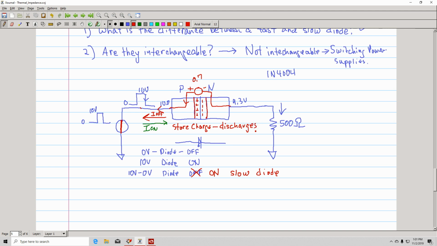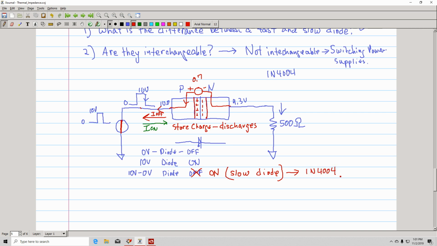That's the important fact, and that's something that we need to understand. In this case, the diode is going to be on, and that's because you have a slow diode.